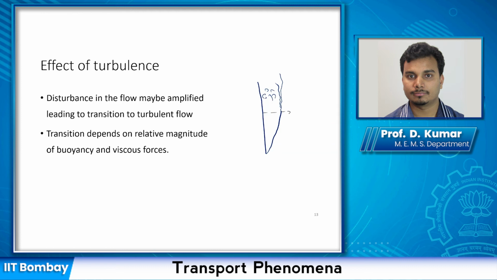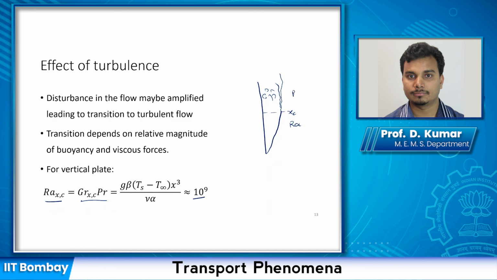Such transition is known to occur at a certain Rayleigh number. We are defining another number: Rayleigh number is defined similar to what we did for the Peclet number as Reynolds times Prandtl. Here we do Grashof times Prandtl, and that is your Rayleigh number. If Rayleigh number is greater than 10⁹, then you will have a turbulent boundary layer.